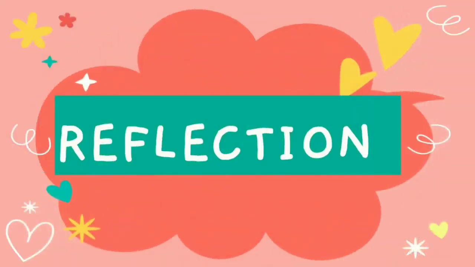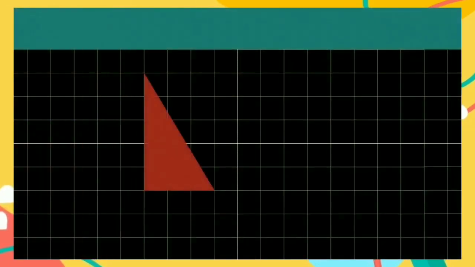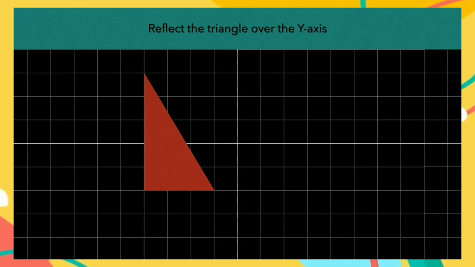The next topic is reflection. Look at this triangle. The instruction is to reflect the triangle over the y-axis. The y-axis is the middle line.